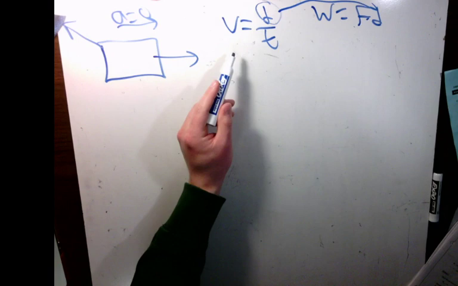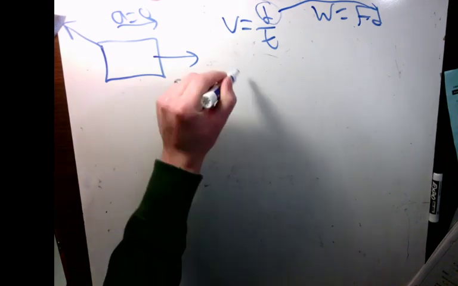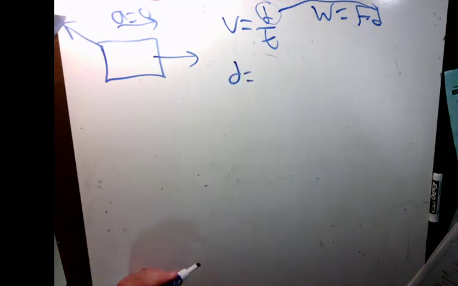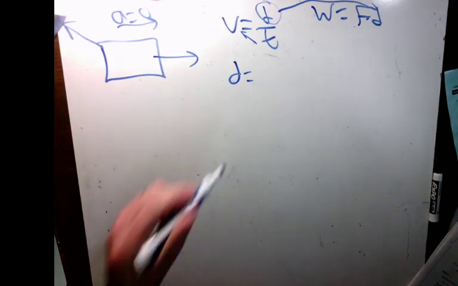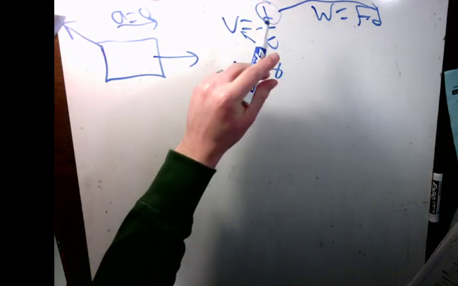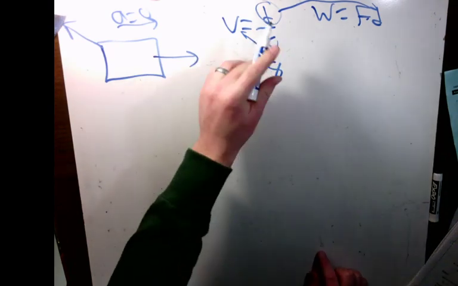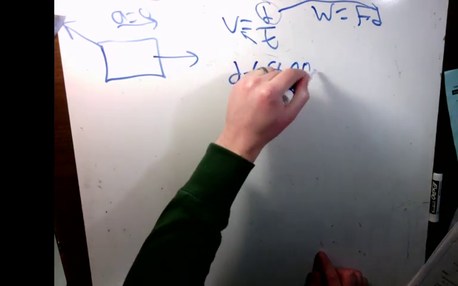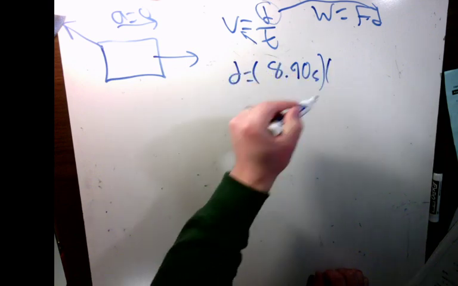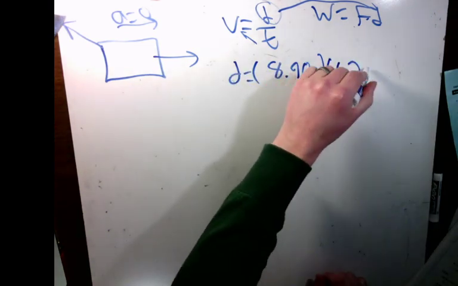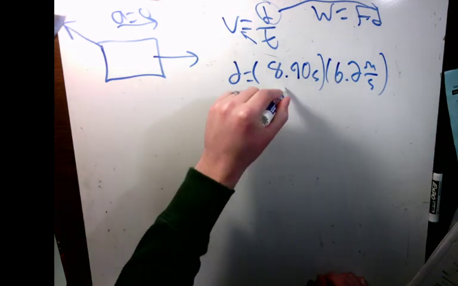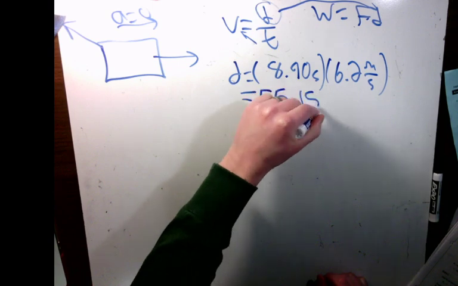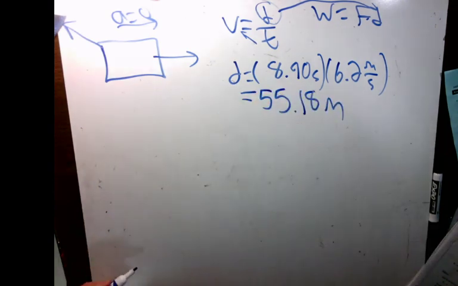They give us a velocity of 6.2 and a time of 8.9. Solve for distance from that: multiply by t. Distance is velocity times time. 8.90 seconds is the time, and our velocity is 6.2 meters per second, giving us a distance traveled of 55.18 meters to the right.